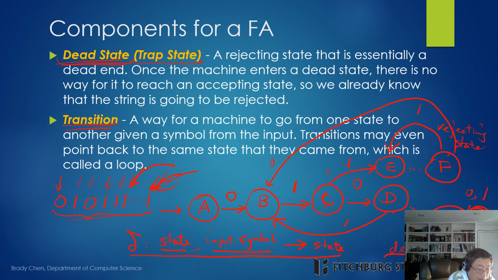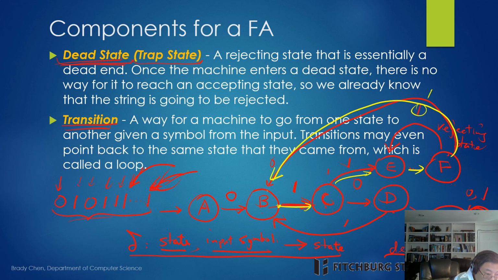Let me use different colors so you can see it clearly. If we reach that point, then we move next, and then we move next, and based on the value which is 1, and also the current state, which is F, the input symbol is 1, then we're going to move back to B, right?